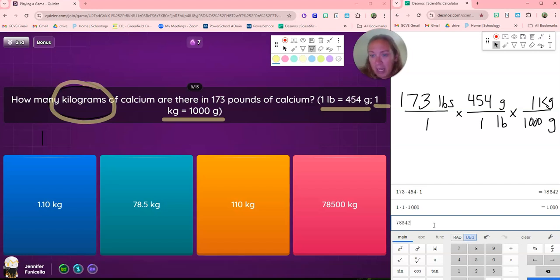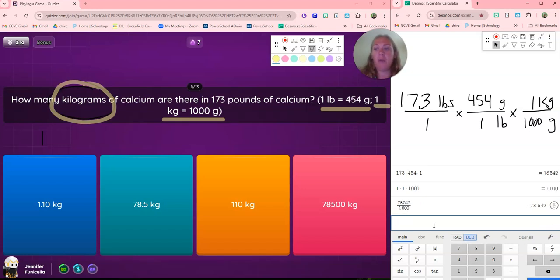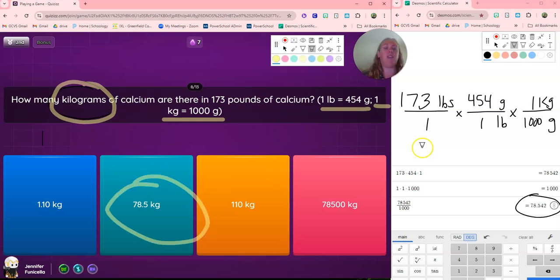And when we divide these two numbers, we have 78,542 divided by 1,000, which gets us our final answer of 78.5 kilograms. Beautiful.